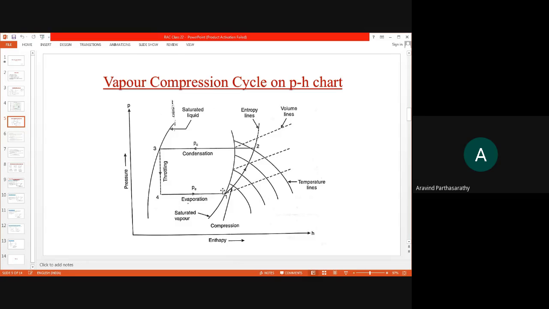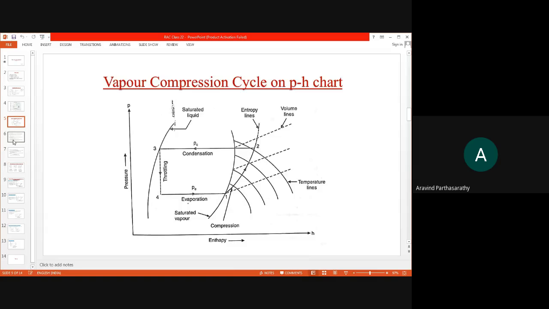So at state point 1, some heat is added to the refrigerant, and then we give some work to the compressor, and it is compressed again. From the first point it is compressed, and it reaches state point 2. So we are giving some work here, and it already has some heat energy here. Okay, right.